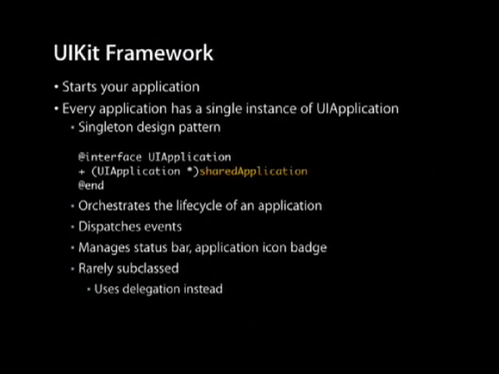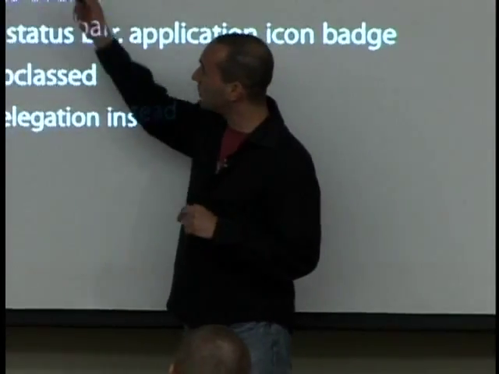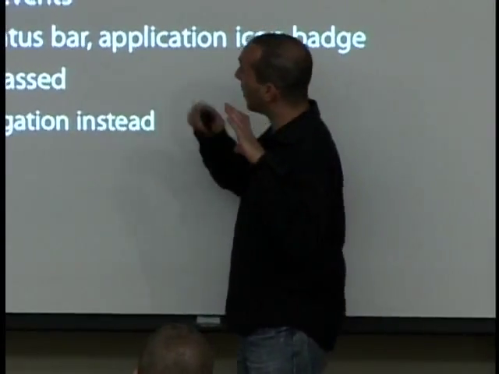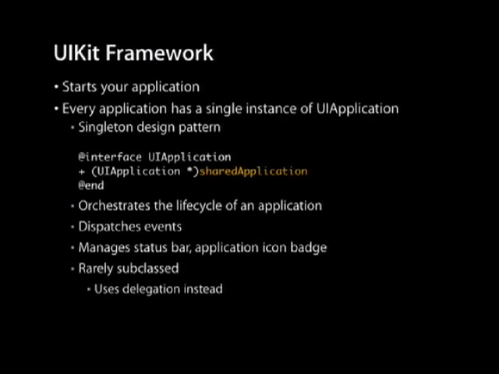If you ever need to access your UIApplication instance, you can get to it by calling [UIApplication sharedApplication], and that will give you your instance of UIApplication. You can then ask it for different things like its delegate. You can query it for different states and stuff like that.